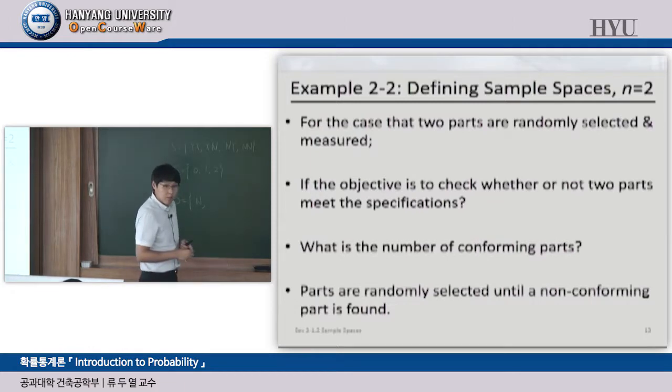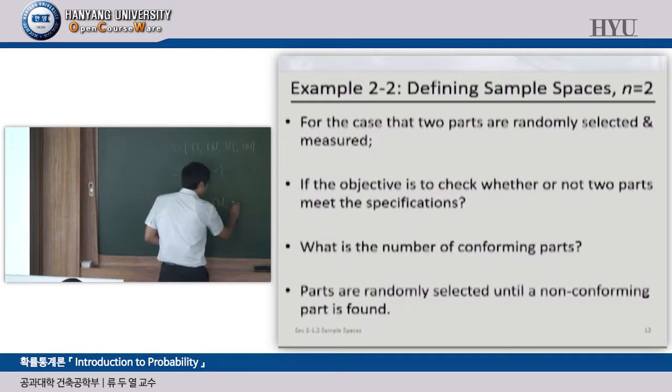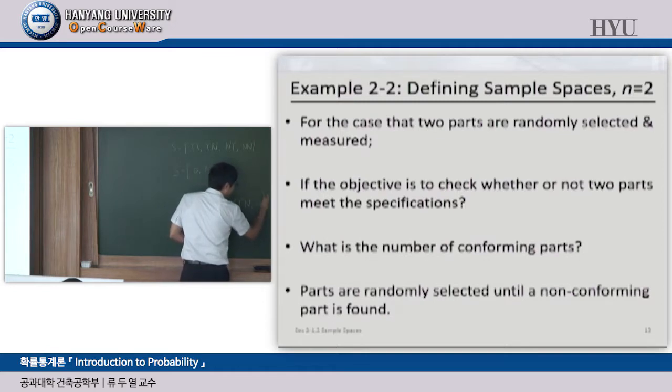And there is also a possibility that we can select the conforming part at the first time, and also we can select the non-conforming part at the second time, right? And also, there is a chance that we can select the conforming part at the first time and the second time, and we select the non-conforming part at the third time. And this can be repeated.